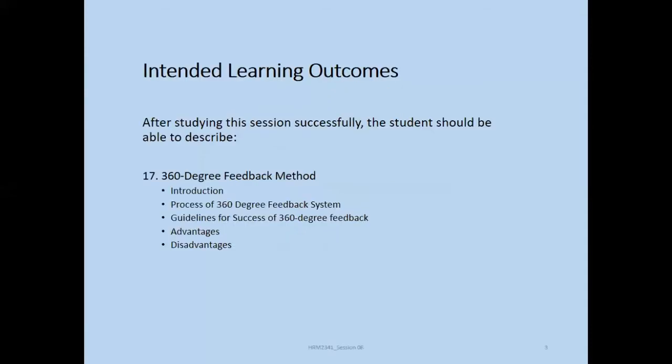Today we are going to basically focus on the 360-degree feedback performance appraisal method, under the following areas: introduction, process of the 360-degree feedback system, guidelines for the successfulness of the 360-degree feedback system, and advantages and disadvantages.